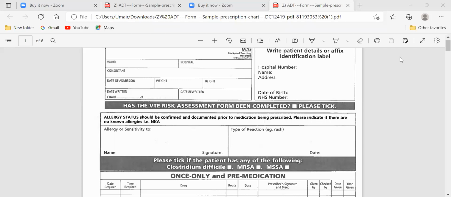So you are FY2 in the psychiatric department. Patient Paddy Jones is 40 years old. He has history of fall at home. Patient's past medical history, patient having bipolar disorder. Currently, patient is in pain.